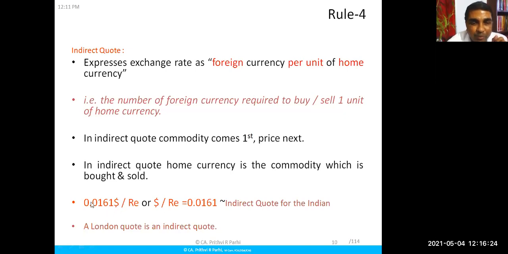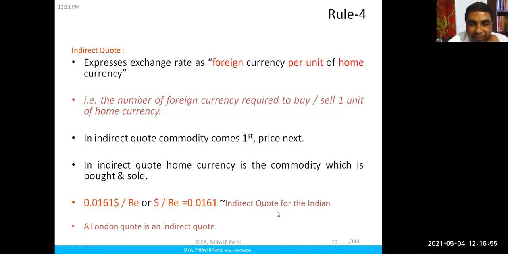Here you see this much of foreign currency per unit of home currency. Since it is foreign currency per unit of home currency, I will be referring this quote as indirect quote. And in indirect quote, commodity comes first. You see, this is commodity and price comes second. In indirect quote, it is the home currency. Home currency is a commodity which is bought and sold. Rupee is getting bought and sold for dollar.